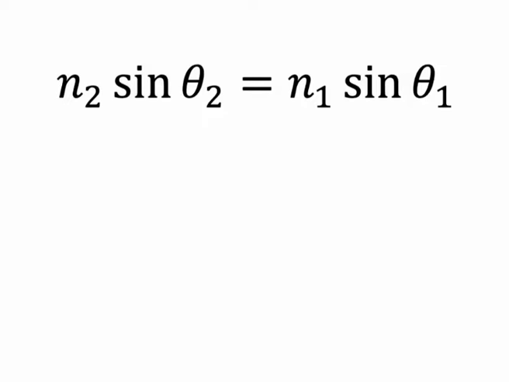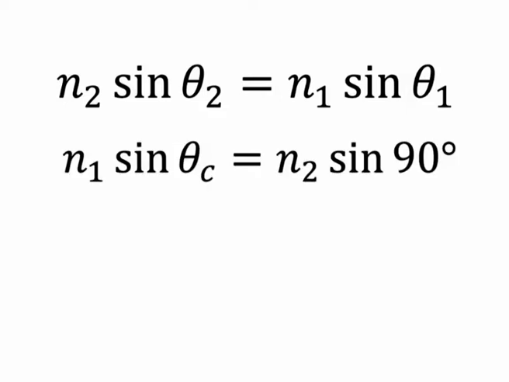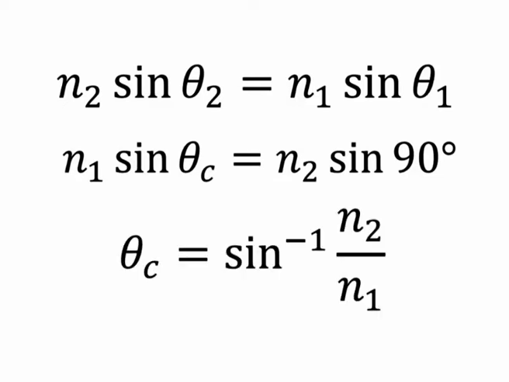We arbitrarily associate subscript 1 with the glass and subscript 2 with the air, and then we substitute theta c for theta 1 and 90 degrees for theta 2, which leads to n1 sine theta c equals n2 sine 90 degrees, which gives us theta c equals sine inverse of n2 upon n1. Because the sine of an angle cannot exceed unity, n2 cannot exceed n1 in this equation.